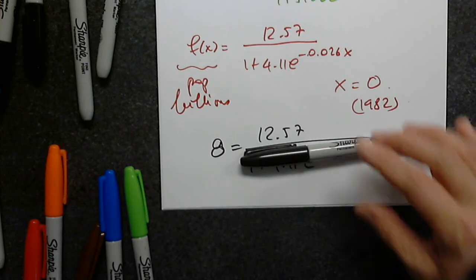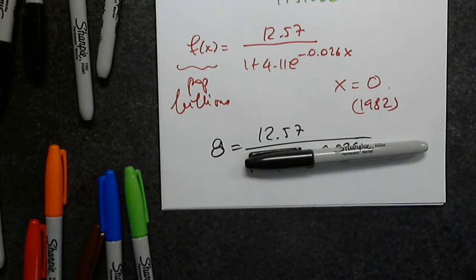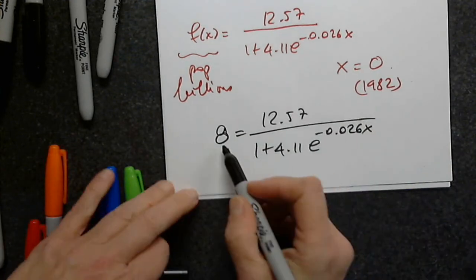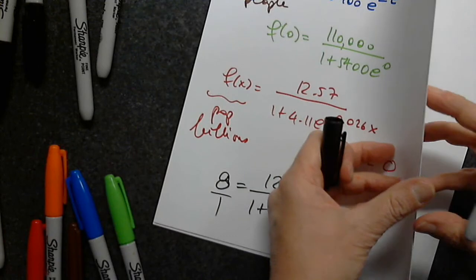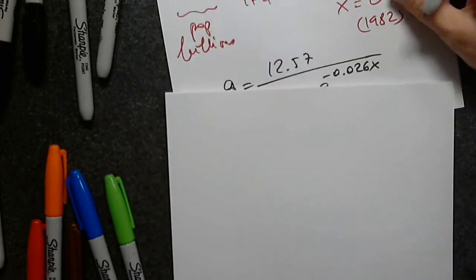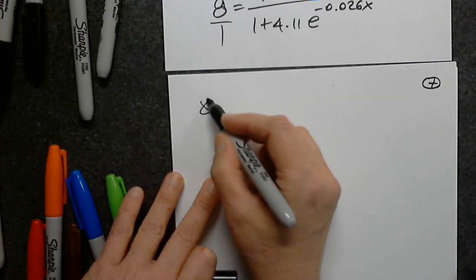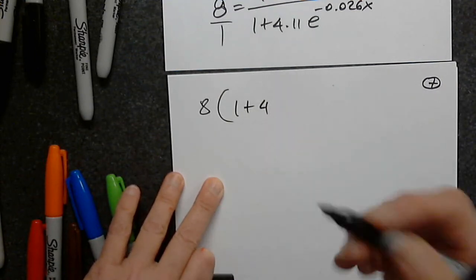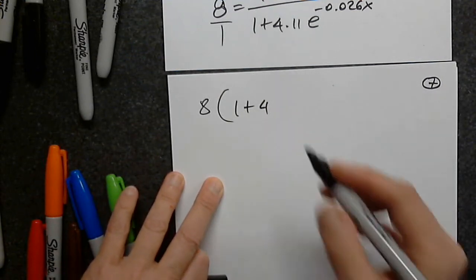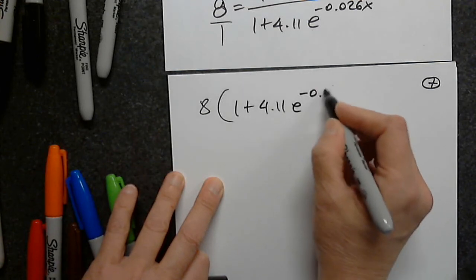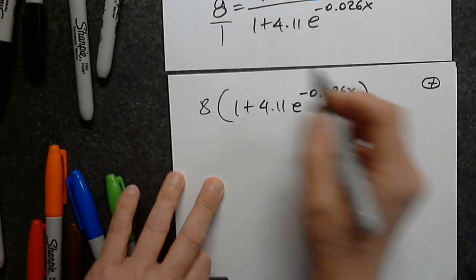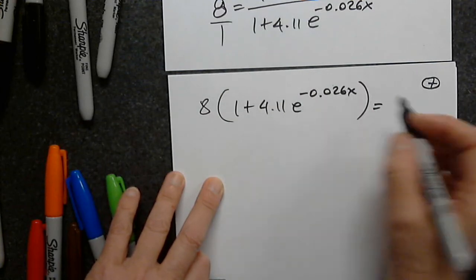If you don't look at the denominator, that is kind of scary, you will say it's a proportion. Okay, so let's cross multiply. Do not multiply, just write 8 times 1 plus 4.11 e to negative 0.026x equals 12.57 times 1.